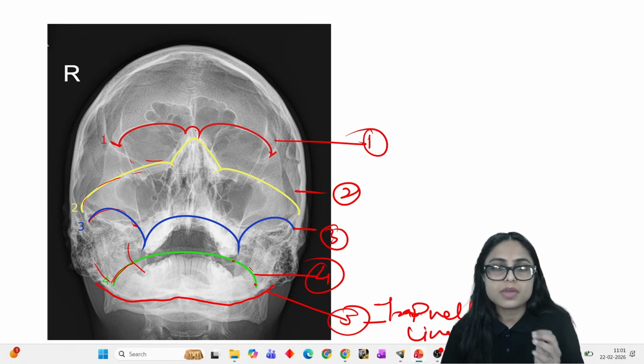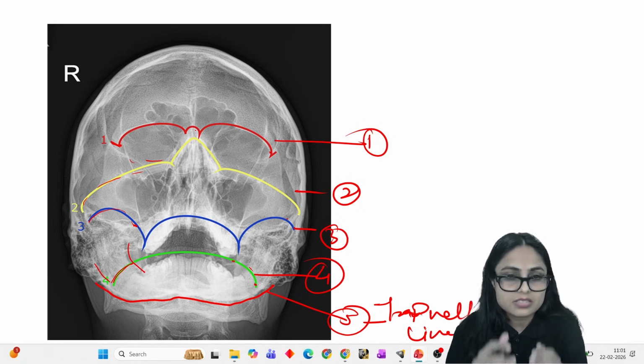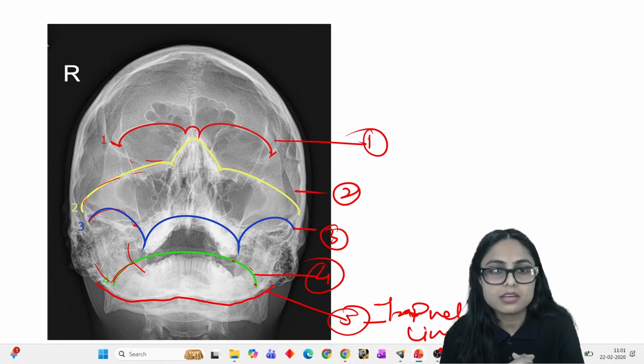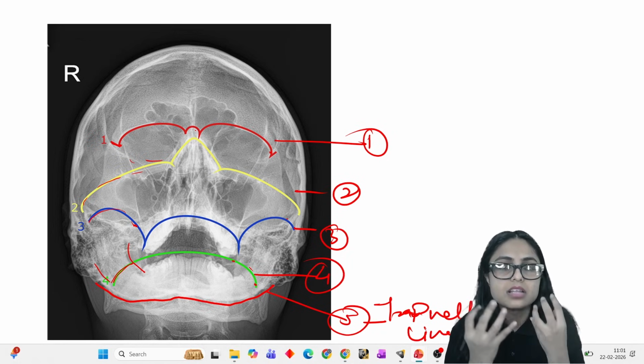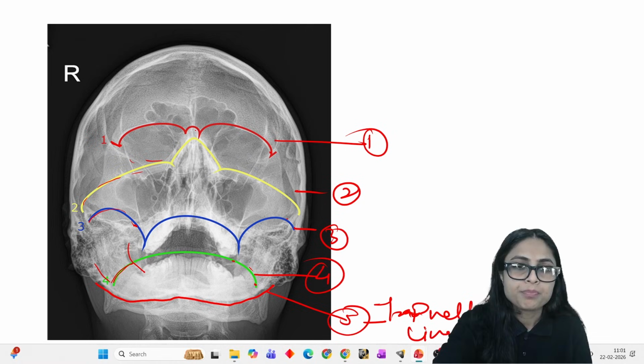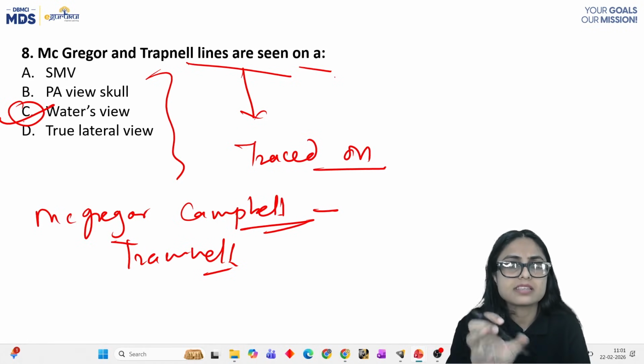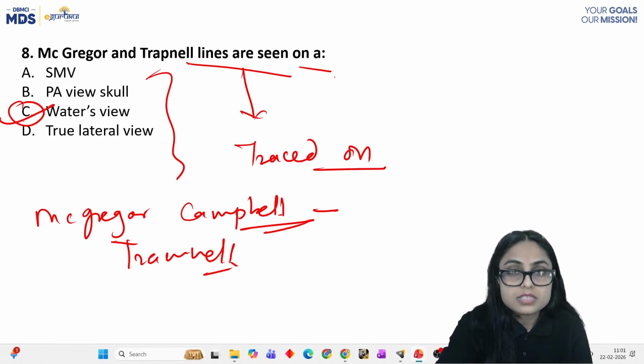In this way, we trace the lines on the PA Waters view, and then we can assess the middle third fractures of the face. You will learn this in oral surgery, but just to have a basic idea, these lines are used to assess fractures of the middle third of the face. This you should know.